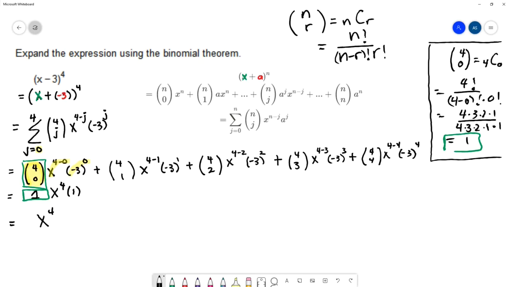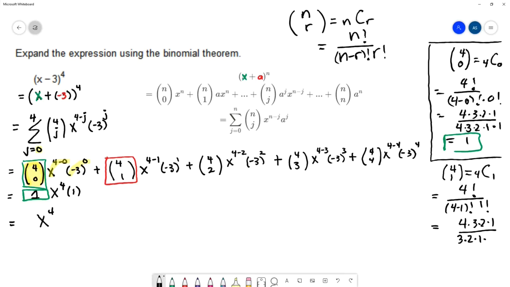So then we're going to work out the next combination formula. 4 choose 1, that's 4C1. That's 4 factorial over 4 minus 1 factorial times 1 factorial. It's 4 times 3 times 2 times 1. 4 minus 1 is 3. 3 times 2 times 1.